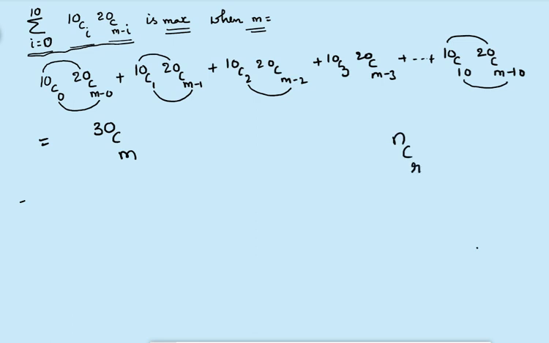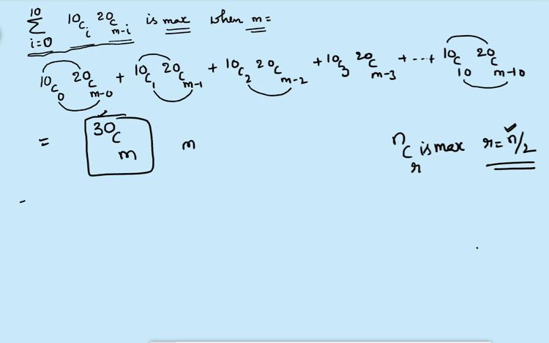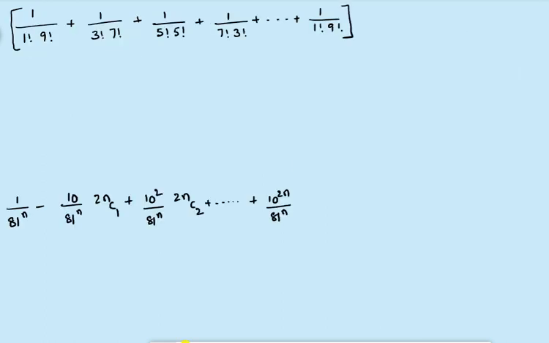As you know, nCr is maximum when r is equal to n by 2, if n is even. Here n is even, so to get this value as a maximum, the value of m must be equal to 30 by 2, that is equal to 15. So these are another type of questions.